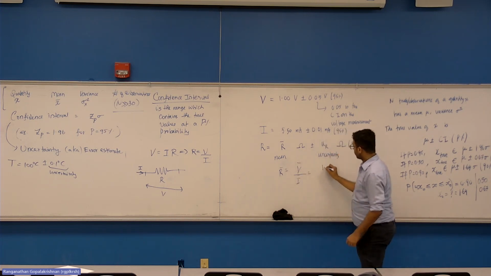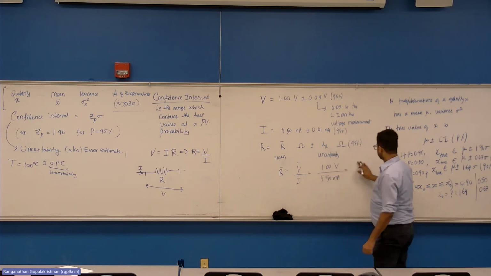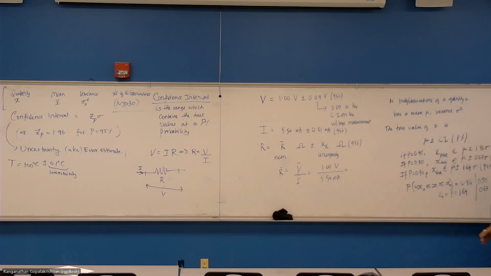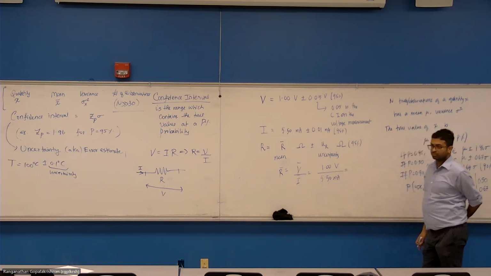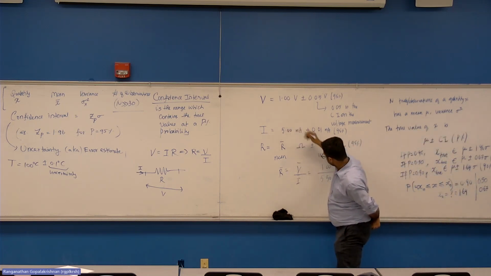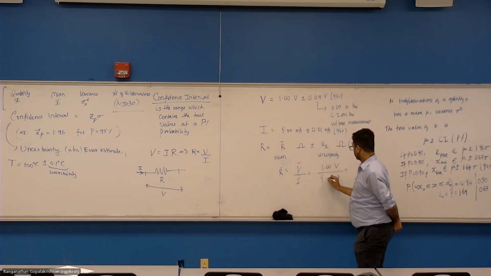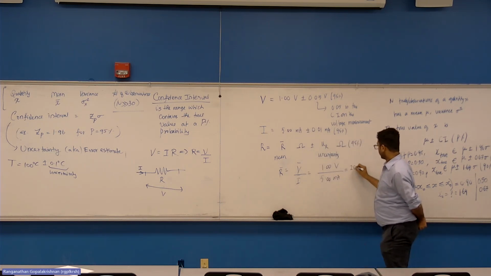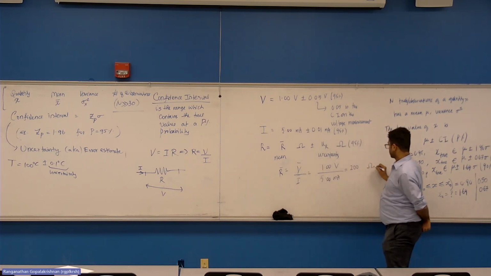So that would be 1.00 volts divided by 5.50 milliamps, which gives me 1000 divided by 5.50. I'll actually make this simpler. Make this 5.00. This will be 200 ohms.